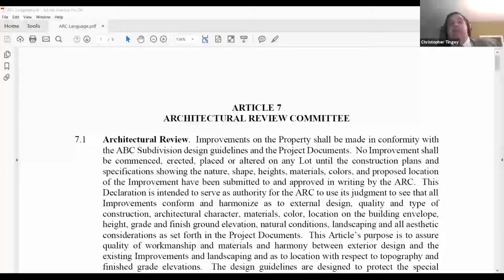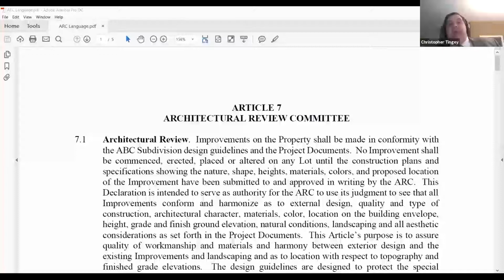This one, the breadth of it's not quite as good, but the idea is that they submit an application and the ARC can request missing information if they don't submit everything that they're supposed to, or it may request an extension if it needs to consult experts or for any other purpose to look at it and to weigh the application.